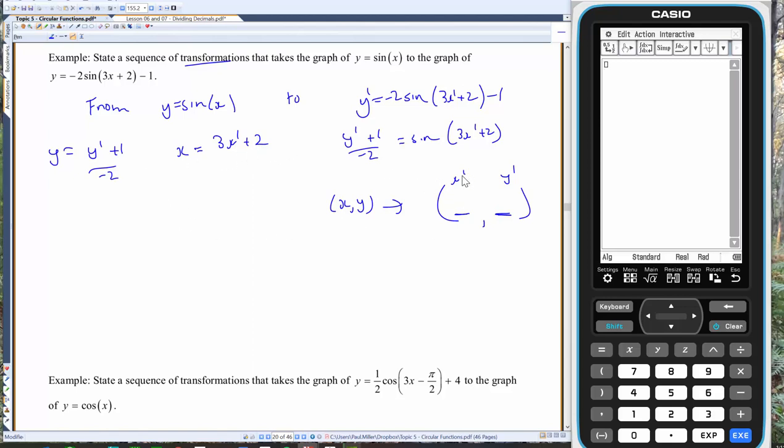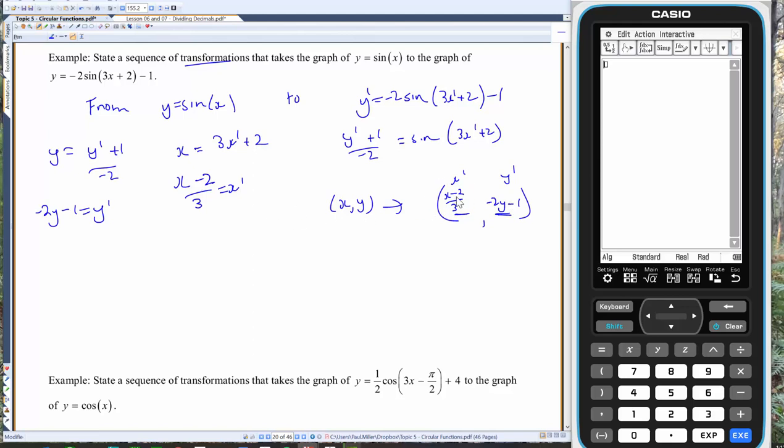So that tells me I need to make x dash and y dash the subject to get the transformations. So let's do that. I've got negative 2y take 1 equals y dash, and I've got x take 2 over 3 equals x dash. Right, so let's pop that in: x take 2 on 3 and negative 2y take 1.